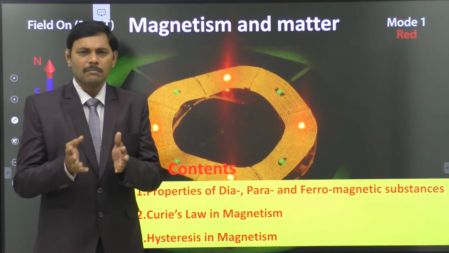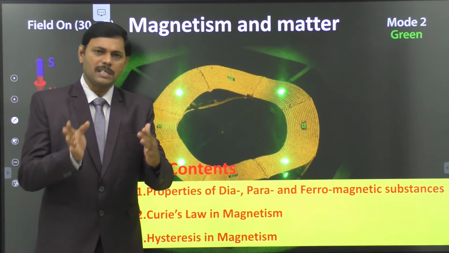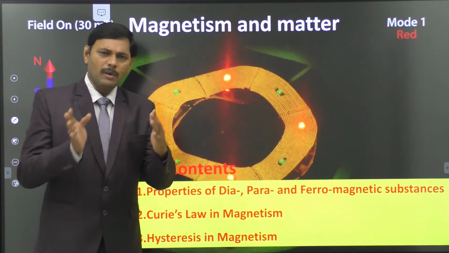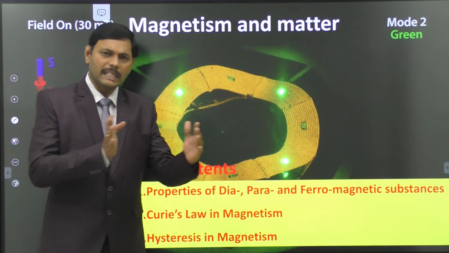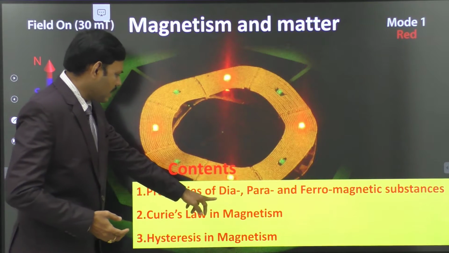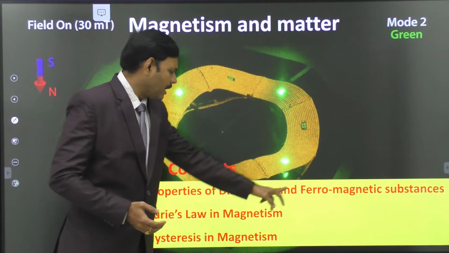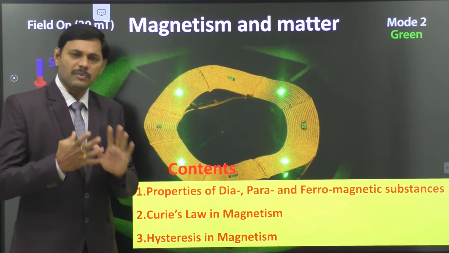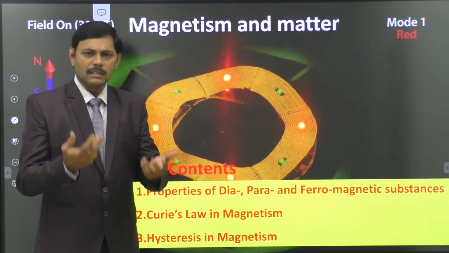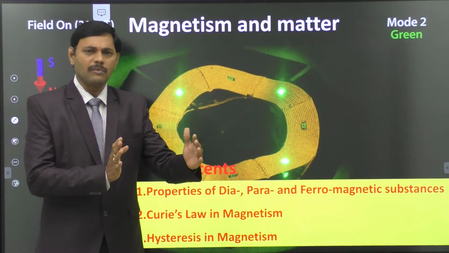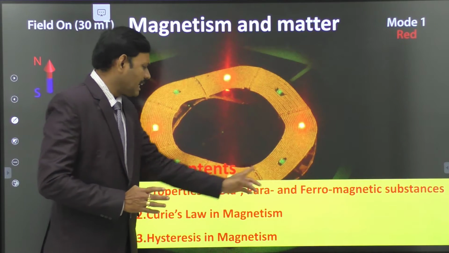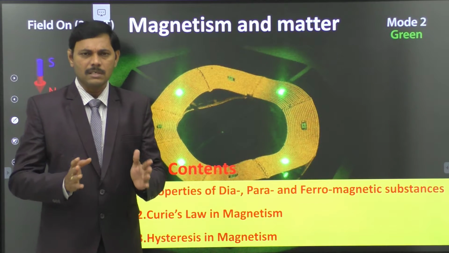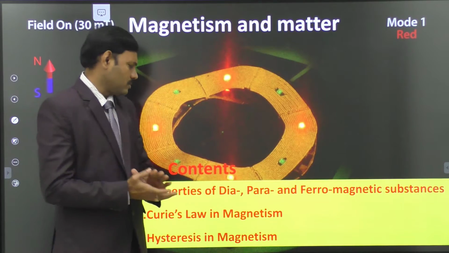Depending upon the magnetic property shown by the substances, the available substances are classified into 3 categories: dia, para and ferromagnetic substances. So in this video, first of all, we will discuss the classification of magnetic materials into 3 categories and their properties, their examples and their applications.